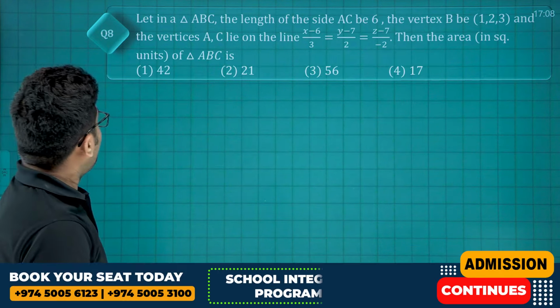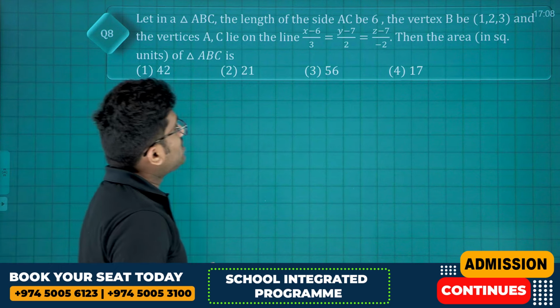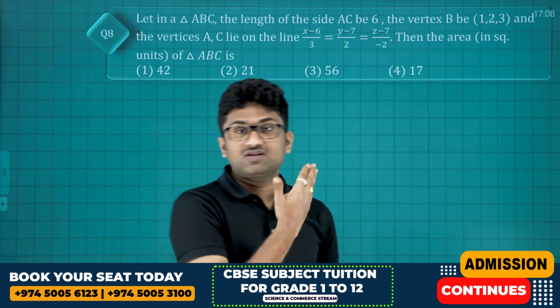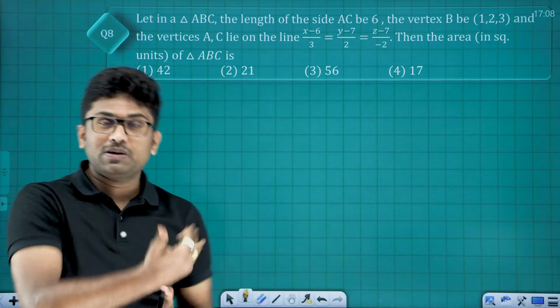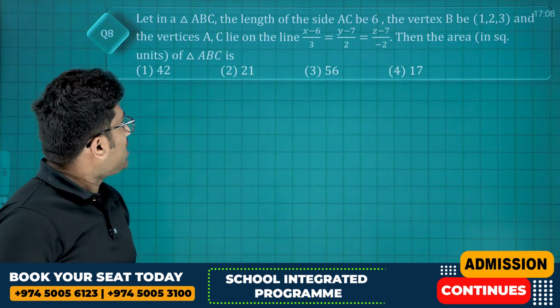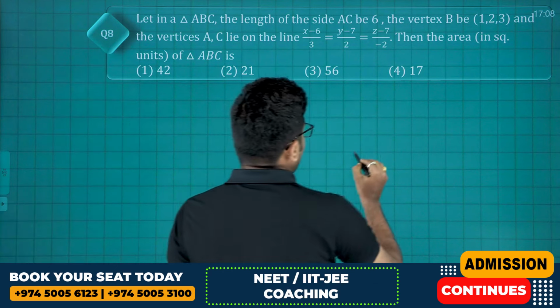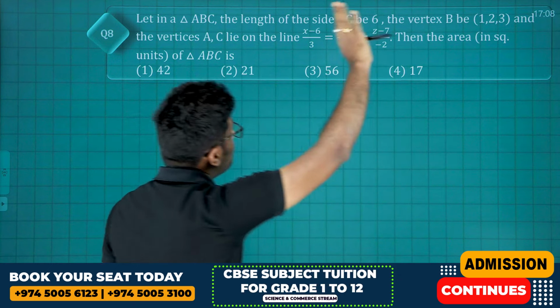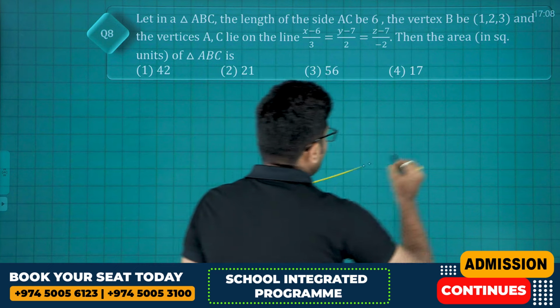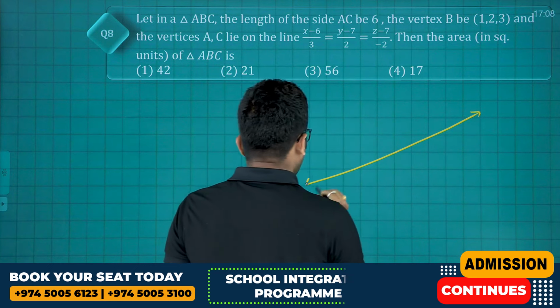Next, in a triangle ABC, the length of the side AC is 6. We have seen the same question in previous papers also, I guess in 23. Vertex B is (1, 2, 3) and the vertices A, C lie on a line.